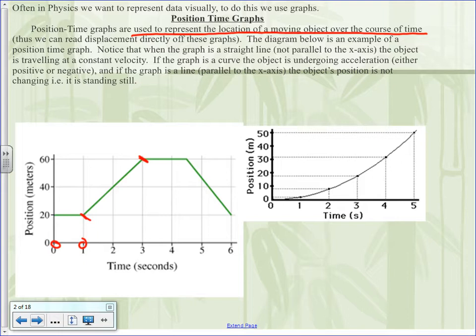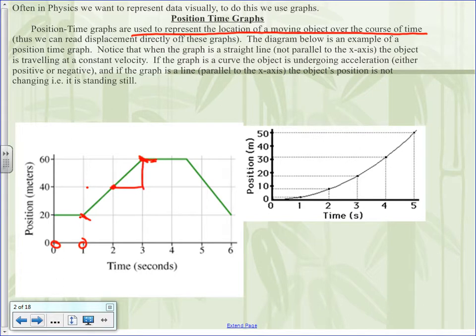How do I know its velocity is constant? Well, not that it doesn't stop. It does actually stop up here. But between 1 and 2 seconds, it went from 20 to 40 meters. How far is that? 20 meters. So in 1 second, it went 20 meters. And then in the next second, how far did it go? 20 meters.